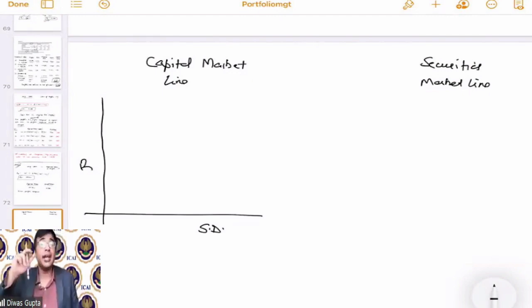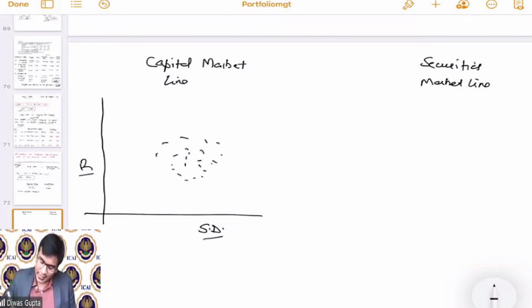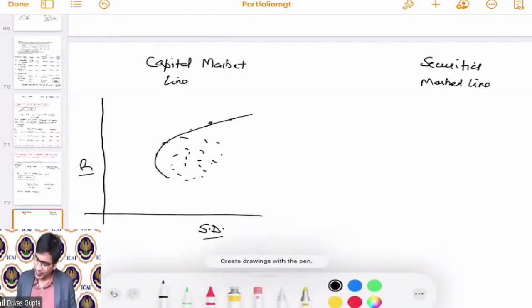We studied this in the efficient frontier under the Markowitz portfolio theory. The same graph, in which on the x-axis we plot standard deviation and on the y-axis we plot return, and then we plot all the portfolios, and say there is a frontier like this. It is efficient because all the portfolios here have the highest return and lowest standard deviation as compared to others. This is what we have already studied, so I'm borrowing the concept from there.